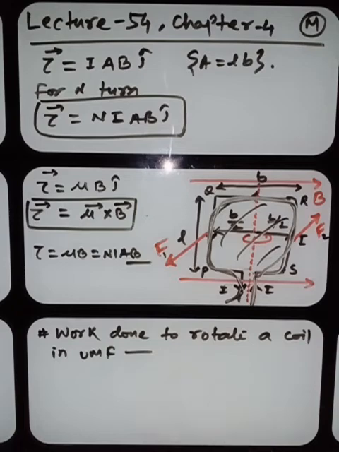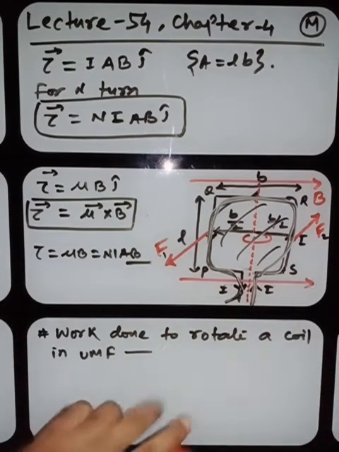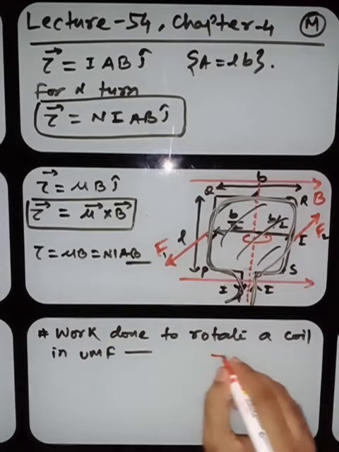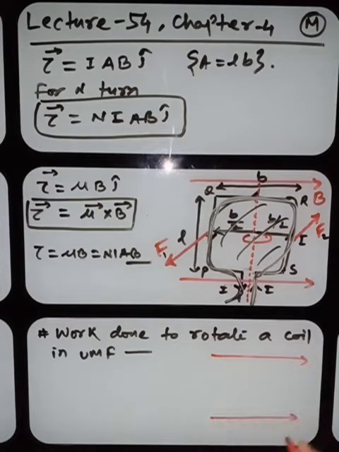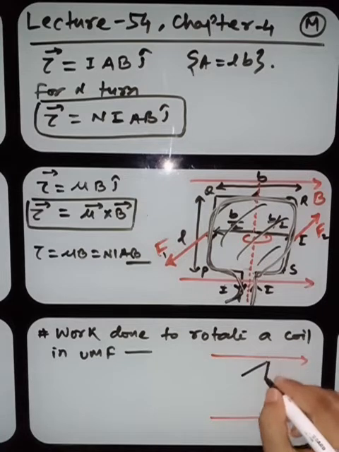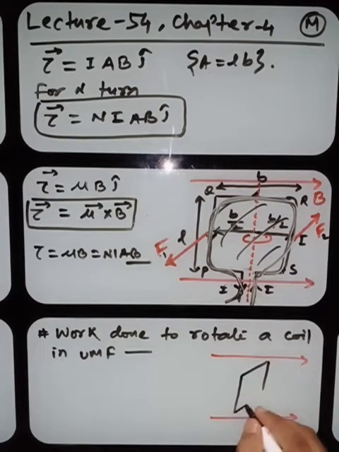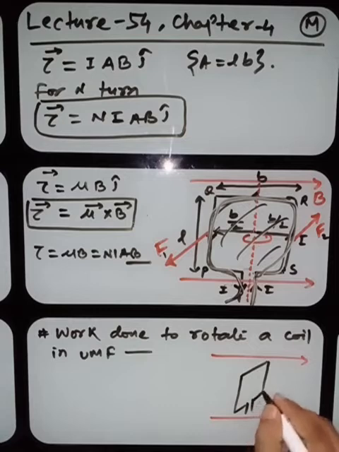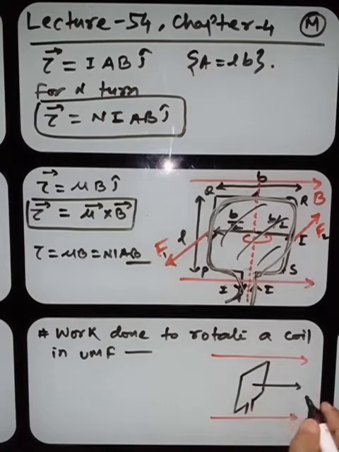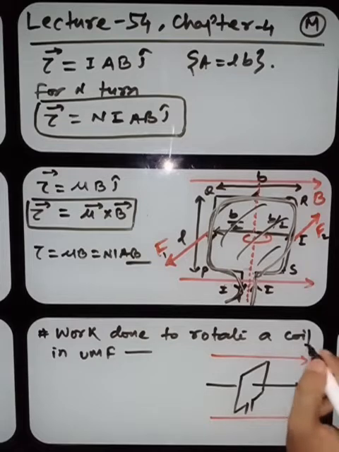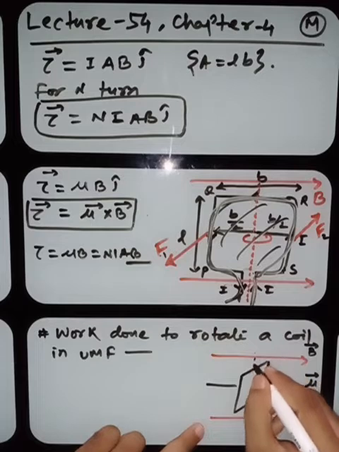Inside a uniform magnetic field, if you want to rotate a coil this way, suppose this is the magnetic field provided and the coil is in a stable state. This is the direction of mu, and this is the direction of magnetic field. Both are vector quantities. This is in a stable state perfectly.